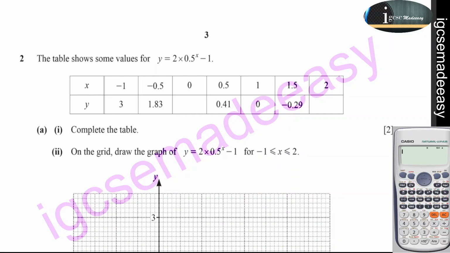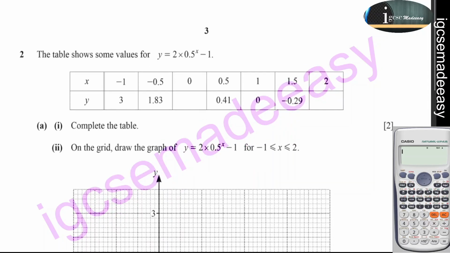Question number 2. The table shows some values and we have to fill in the missing values. We can do this using a calculator. Let's write the equation: y equals 2 times 0.5 raised to the power x, minus 1.